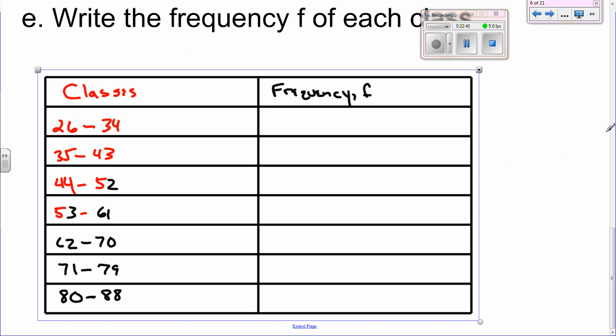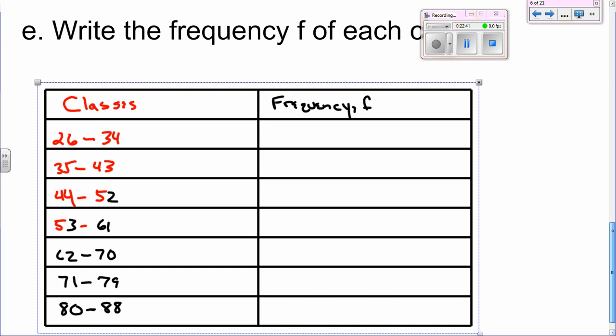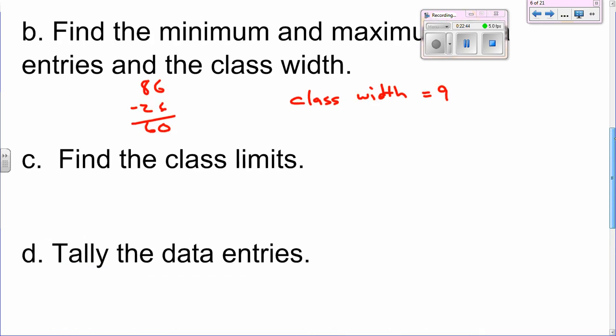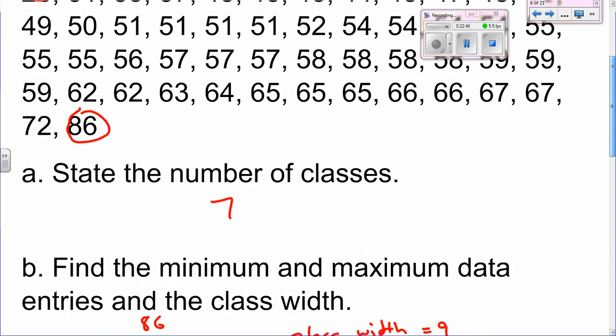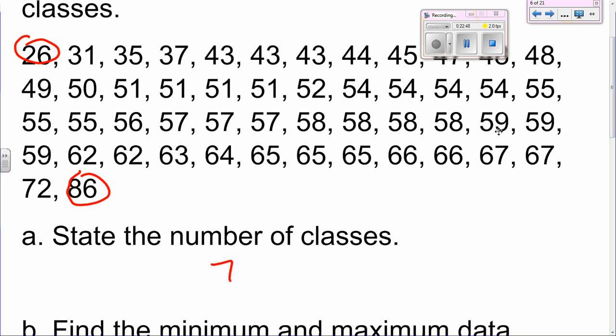Now comes the fun part. We just start counting. But since I put your numbers in an organized way, it makes it a little easier. So how many up to 34? It's just 2.